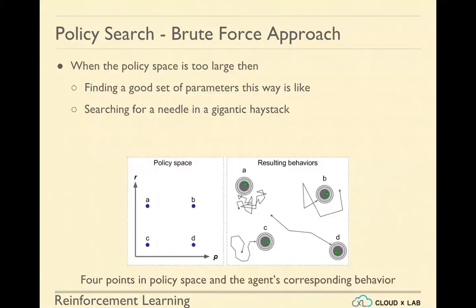If we are following a stochastic policy, then finding the most optimized value of parameters is like searching for a needle in a haystack. And this could be almost impossible because just by random luck we cannot achieve the optimum parameters. That's why we need to do gradient descent and other things that we have done so far.